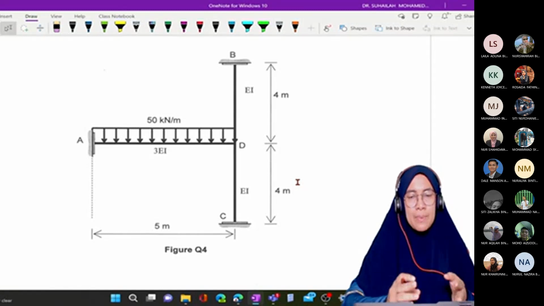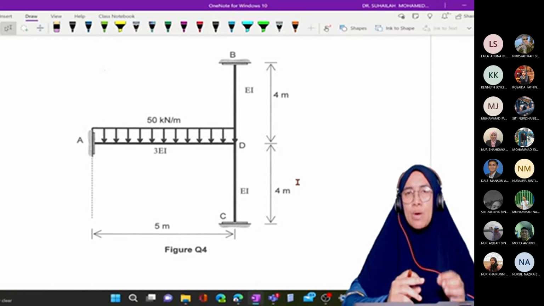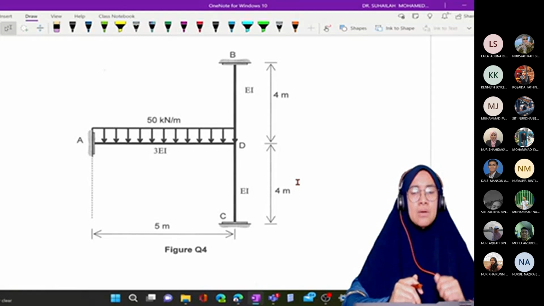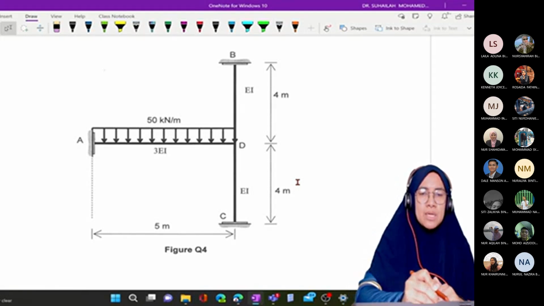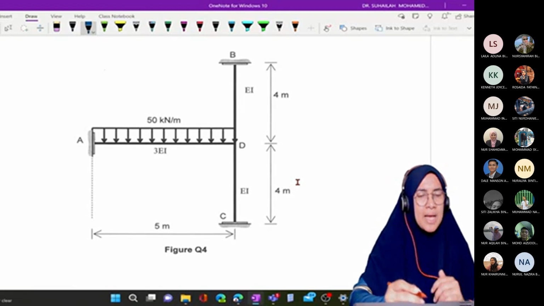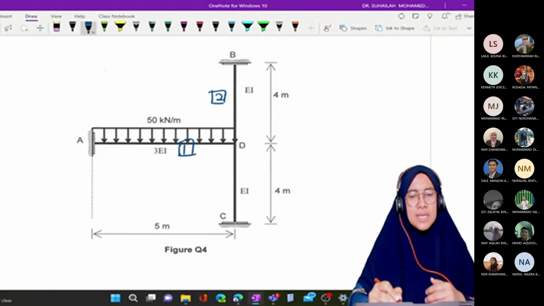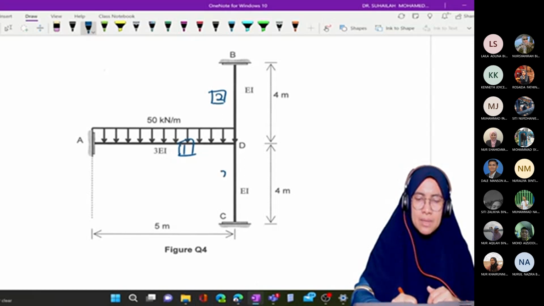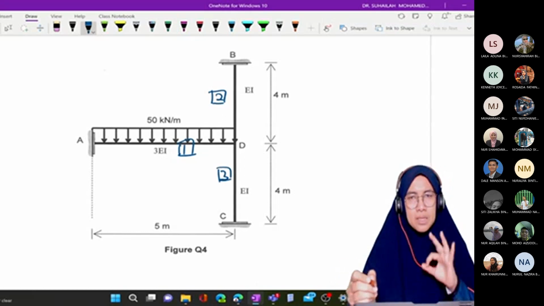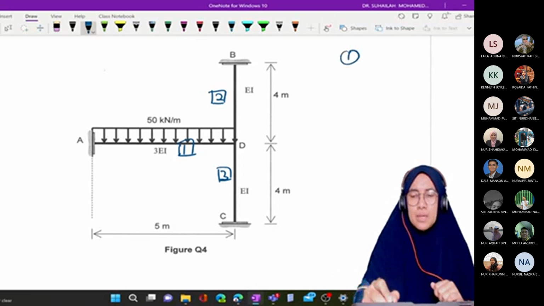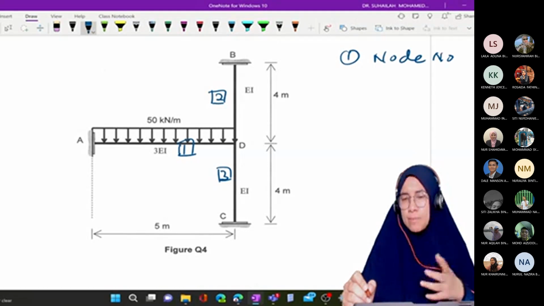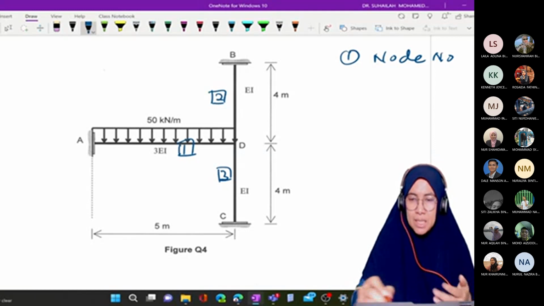So here we can label element as element 1, element 2, element 3. So let's say we label AD as element number 1, BD as element number 2, CD as element number 3. So number 1, node number, make sure the frame has node number. Can be A, B, C, D.